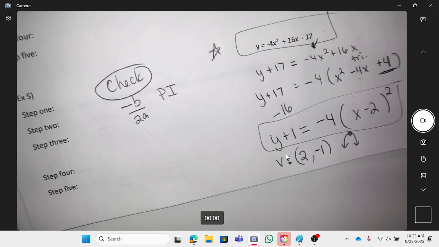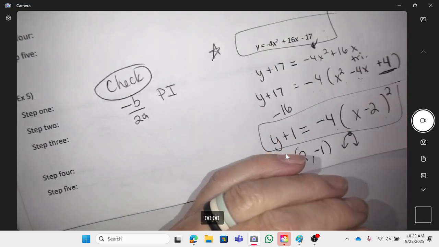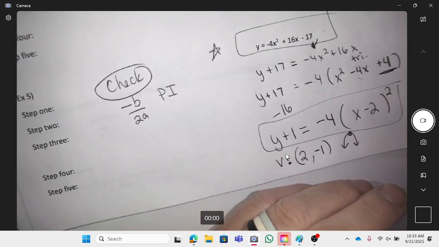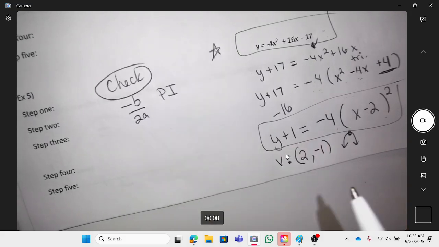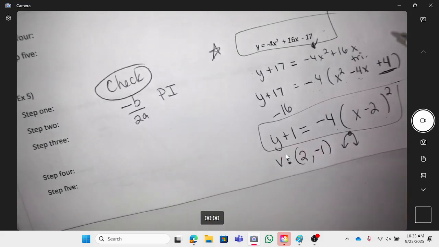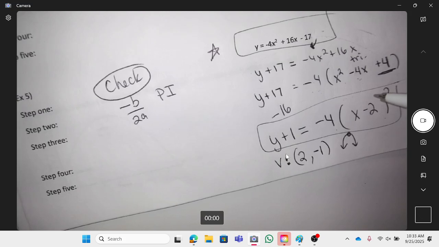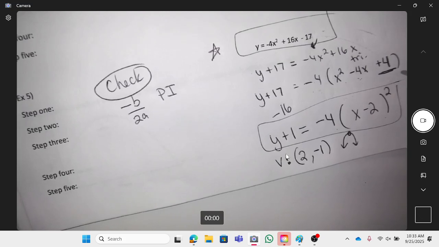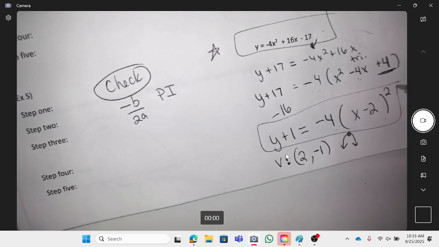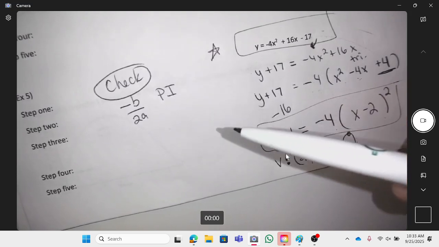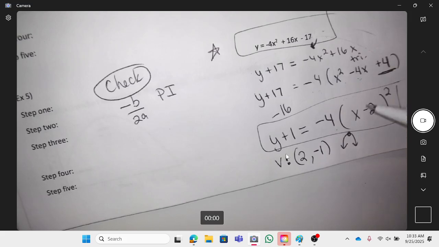Remember that? That's the strategy. If I'm asking for a vertex, that's the only thing I'm asking you, don't complete the square, use negative b over 2a. On your test, the only time you do this is if the question says, show me complete the square. That's the only time you ever do it. Negative b over 2a is way faster than that.